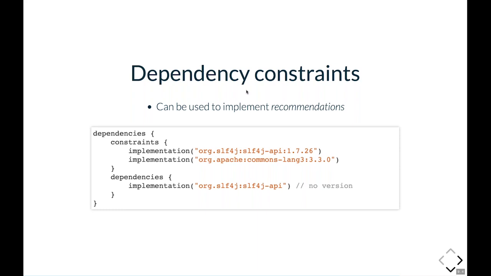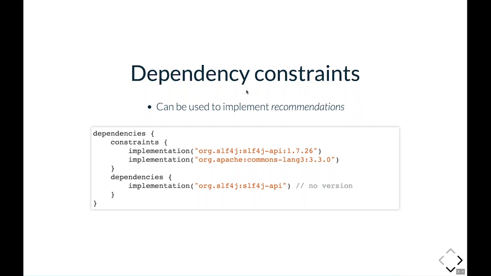Exactly. Awesome. Yep. So what we do with constraints mostly is we use them to implement the recommendation. So first of all, the constraint can carry all the rich version declaration that Cedric showed on dependencies. It can be reproduced there. And so what you will find sometimes is somewhere in your project, you define a number of constraints, and then these constraints are then used to add the dependencies.